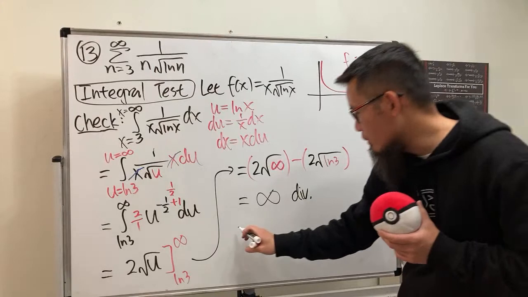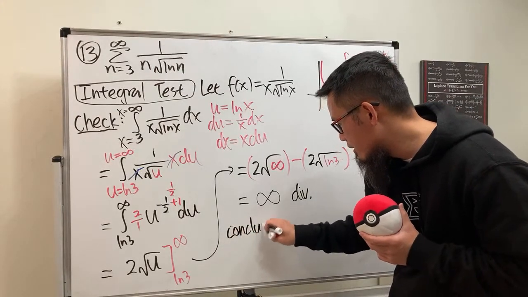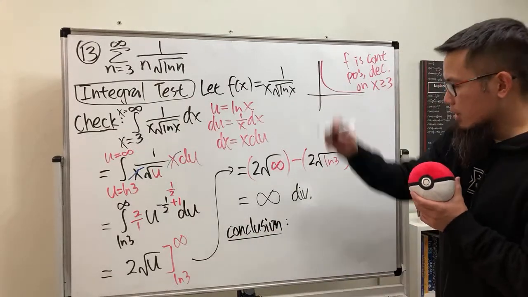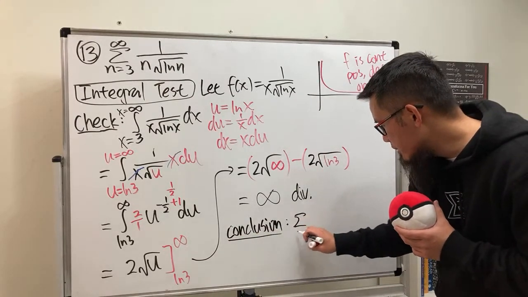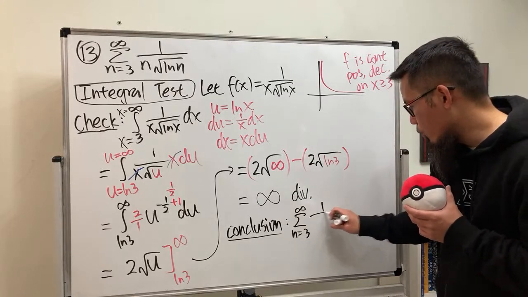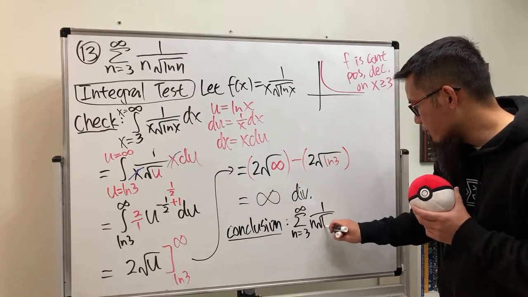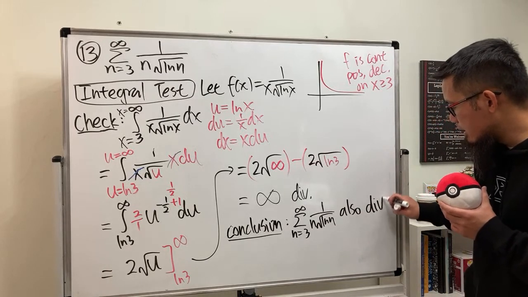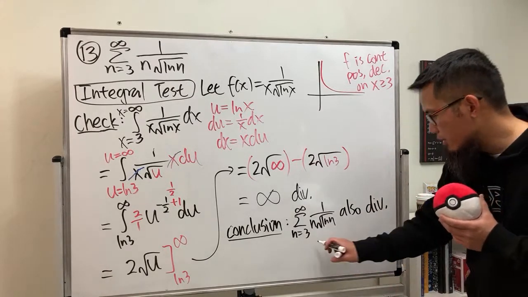I will just write down the conclusion for you guys. Conclusion: the series as n goes from 3 to infinity of 1 over n square root of ln n also diverges. Why?